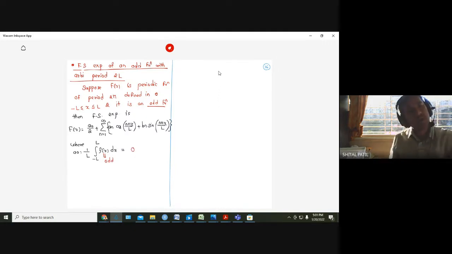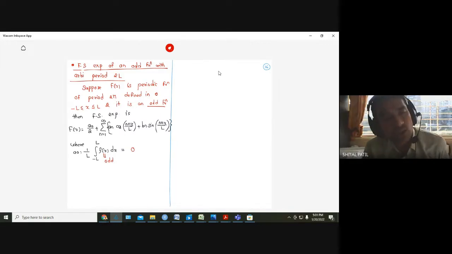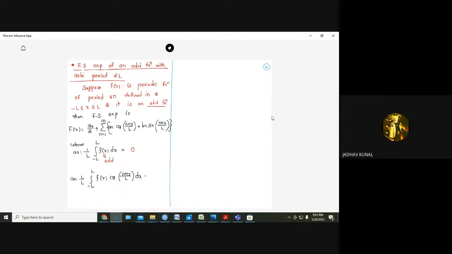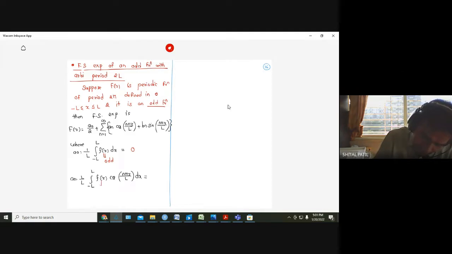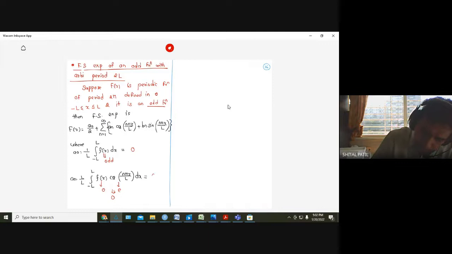Isn't it 0? Yes, sir. It is 0 since it is an odd function. Then next, an equal to 0. Absolutely. Since it is odd, this is even into odd, it will be odd, and the answer will be equal to 0.